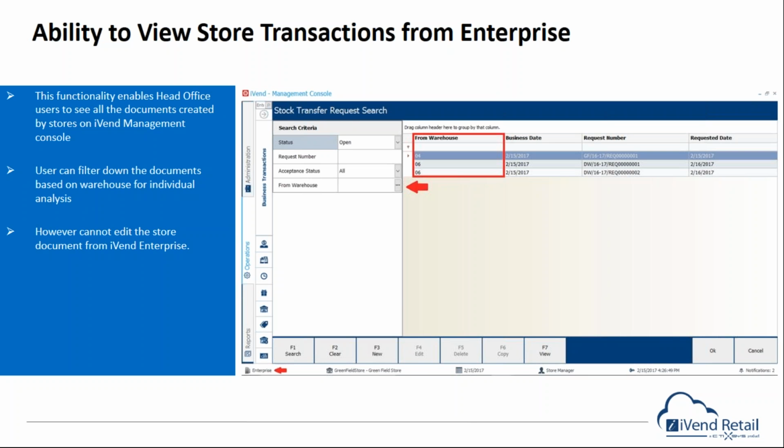As part of the centralized buying team or procurement team, I need not pick up the phone and call the other store to see what operations are going on. I can simply open my console, check the transactions, and filter them down.